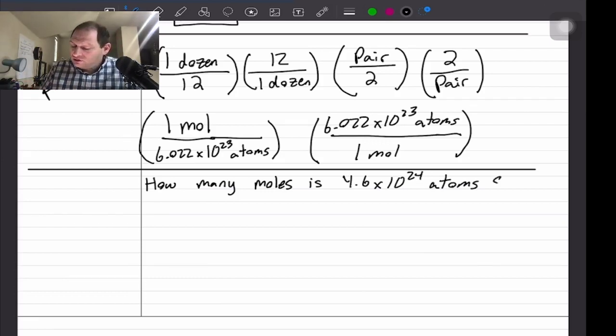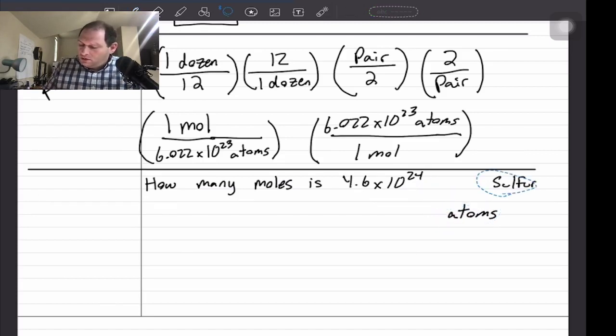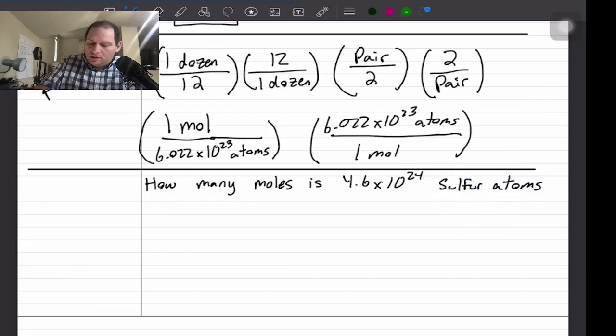Let's say they're sulfur. So you got a big old bucket of sulfur atoms, and you know you have 4.6 times 10 to the 24 atoms in there. How many moles do you have?